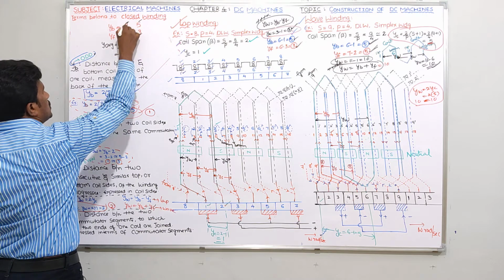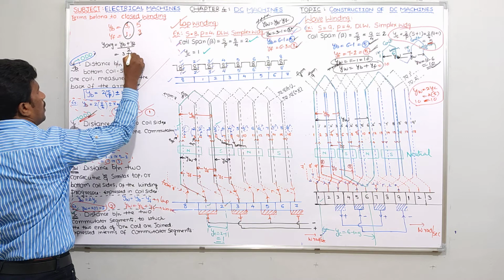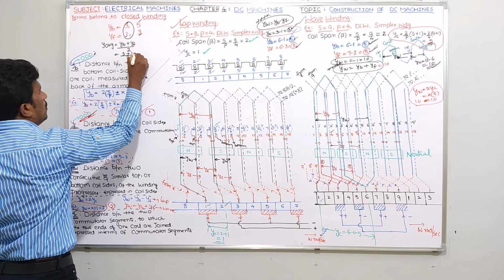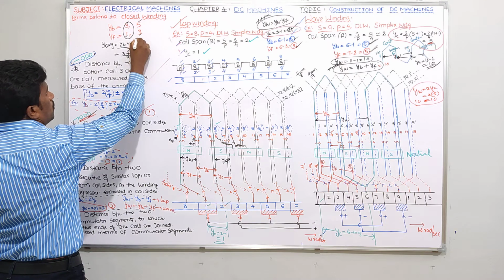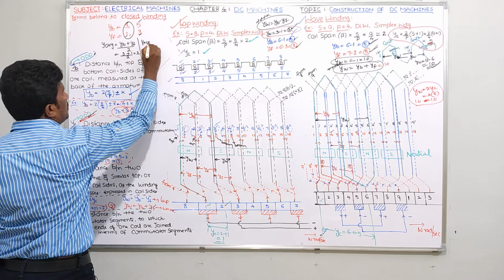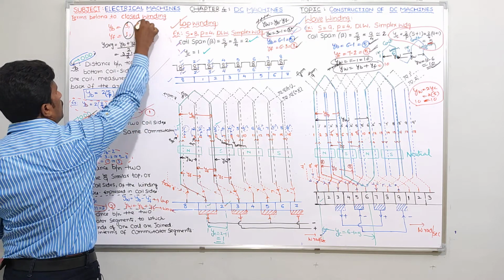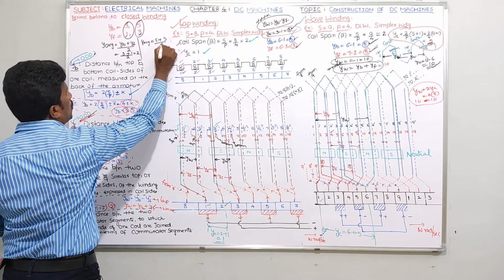So first of all take these values. YB means 3 plus YF means 1 by 2. What is the value you are getting here? 4 by 2 you are getting, you will get 2. Okay, this is one value. Next, here one more, you just take the remaining 2 values. If you take YB value 5, if you take YF value 3, and tell me 5 plus 3 by 2, how much you are getting here?